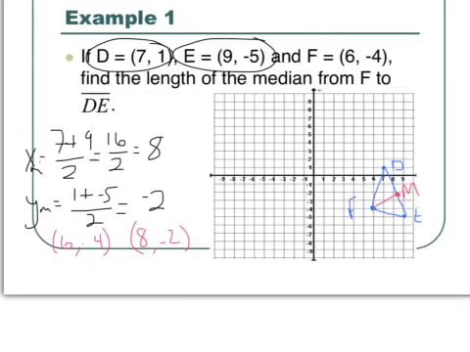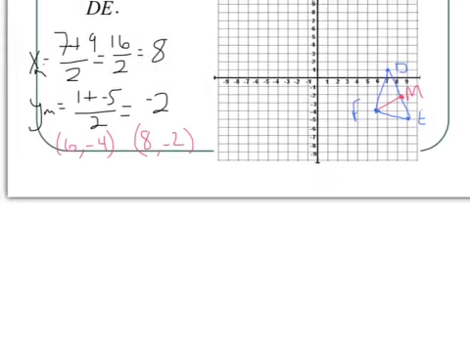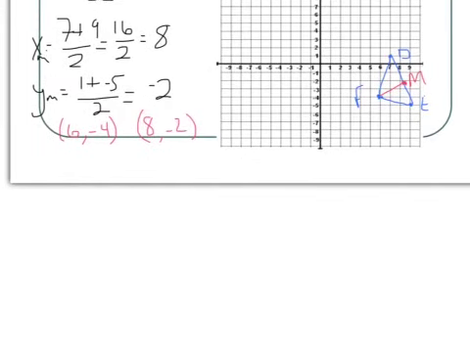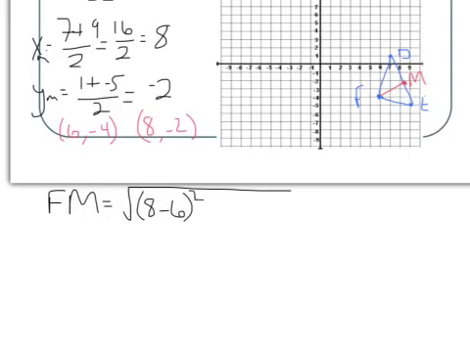I'm going to plug that into my distance formula. So I have FM equals the square root of 8 minus 6 squared, so my x's subtracted and then squared, and the difference of my y's, negative 2 minus negative 4 squared.